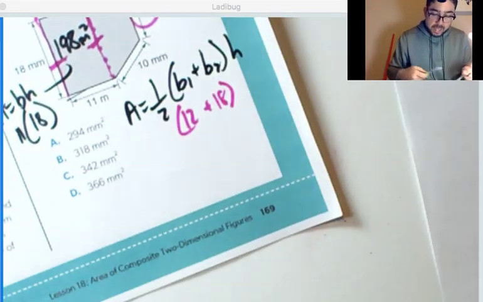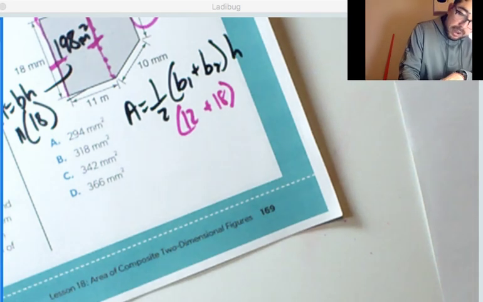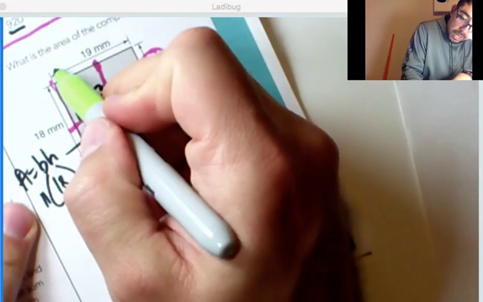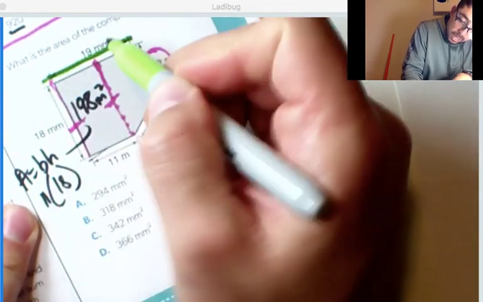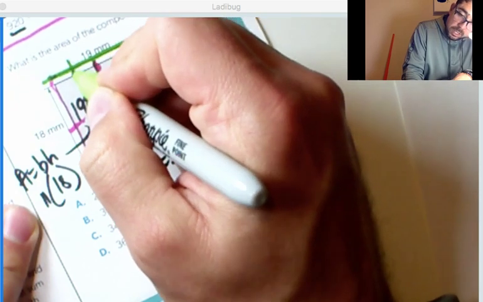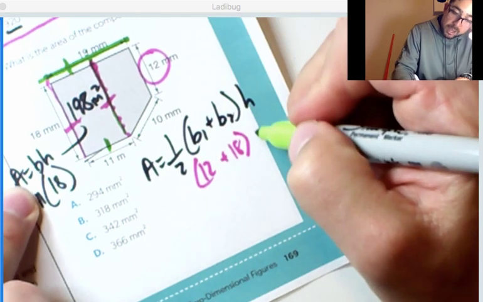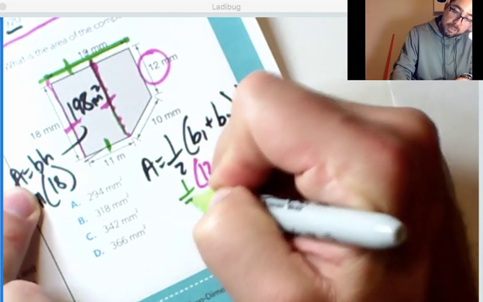We're going to have to find the height by finding the difference. So this entire distance here is 19. Well, it cuts it off here, and we know this was 11, so we'll take the difference between 19 and 11, which would be 8. That's our height, times 1/2.